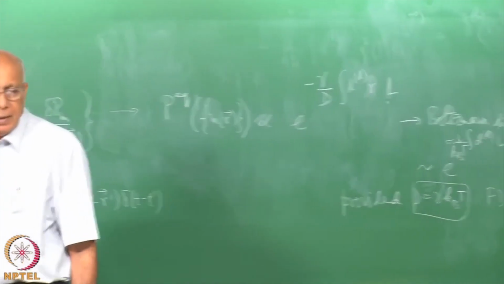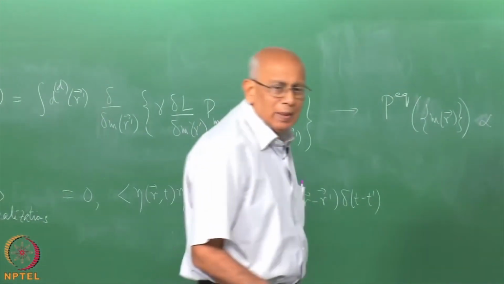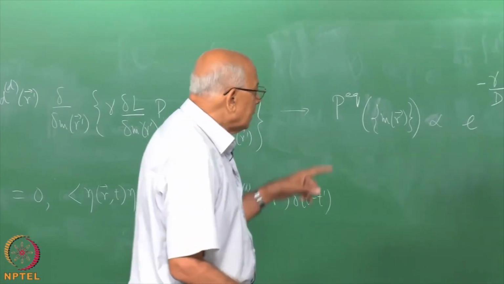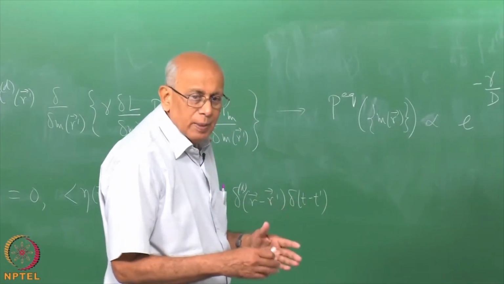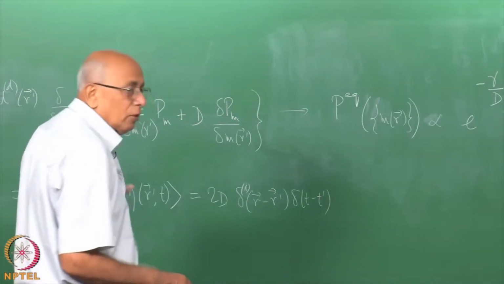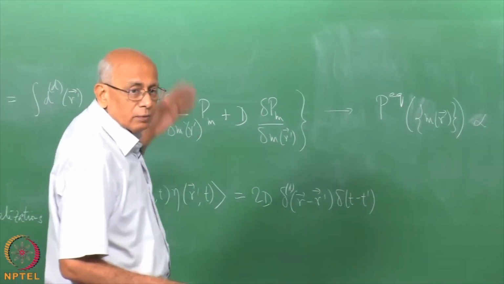Okay. I am sorry for using the same symbol d that we used for diffusion in the position space earlier. This is diffusion in the velocity space, the analog of that, because it is the Fokker-Planck equation for the analog of the velocity.